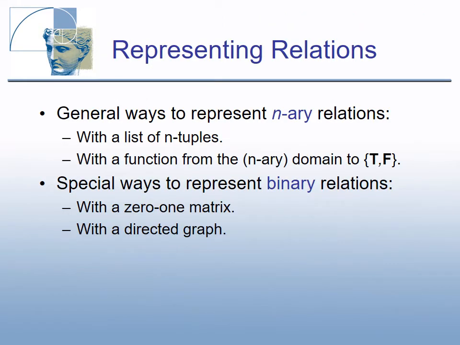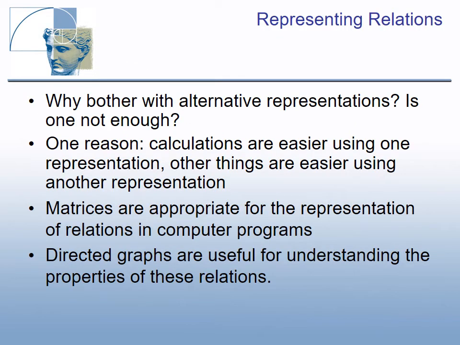There are two general ways to represent n-ary relations: with a list of n-tuples and with a function from the n-ary domain to true and false. And there are two special ways to represent binary relations: with a 0-1 matrix and with a directed graph. Why do we need the alternative representations?